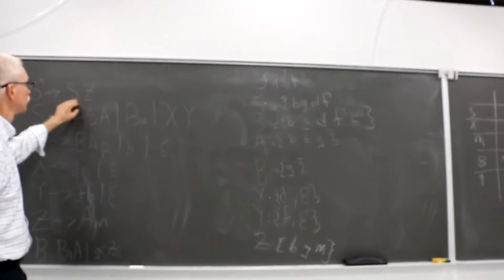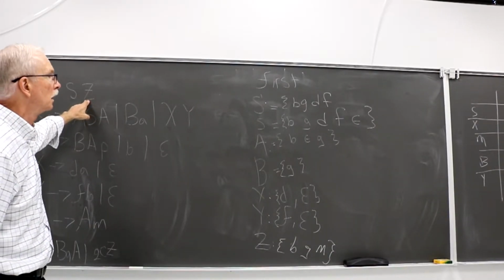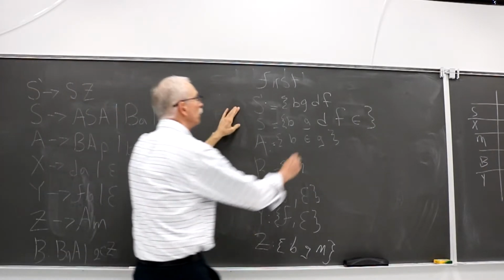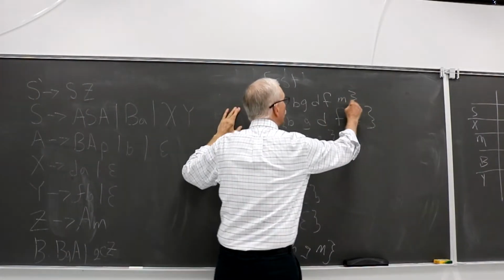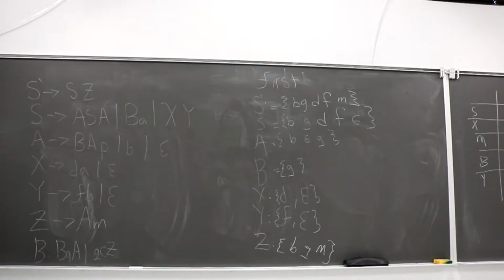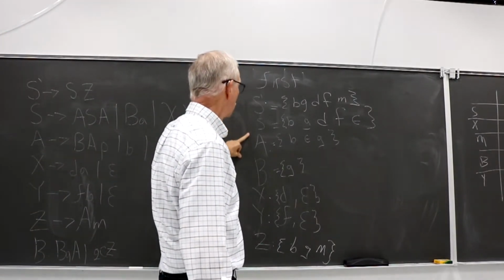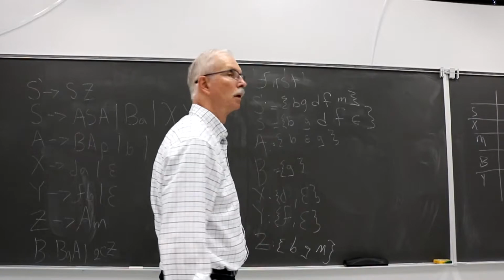So the first of S is the first of S and the first of Z, which is B and G and M. And no empty, because the Z can't go away. Wait, why did you put an epsilon in the S prime?